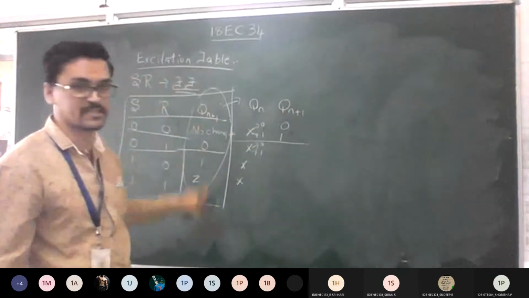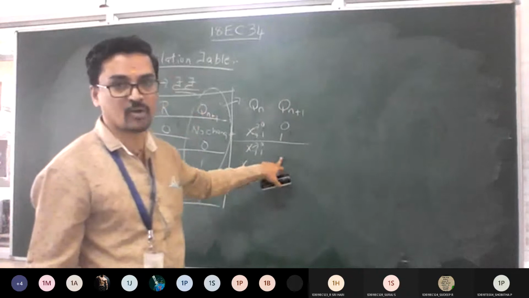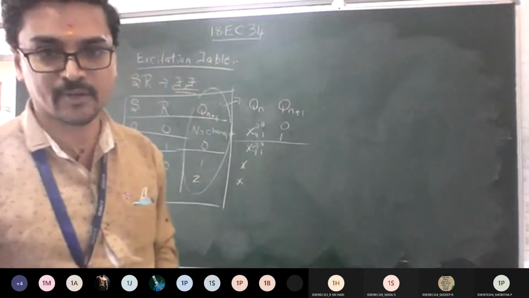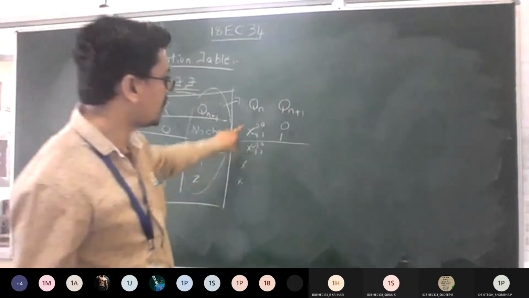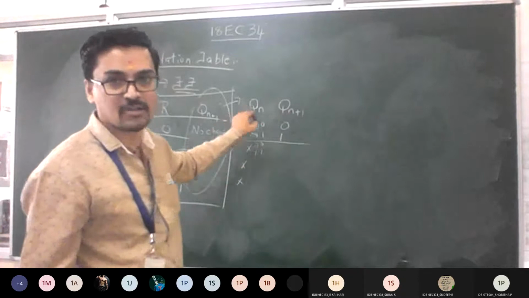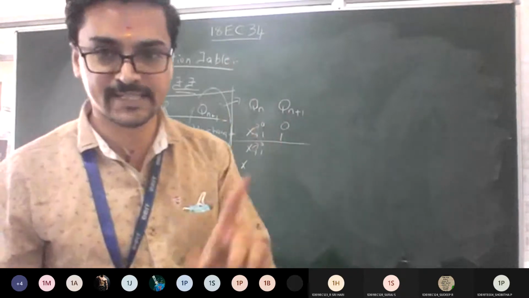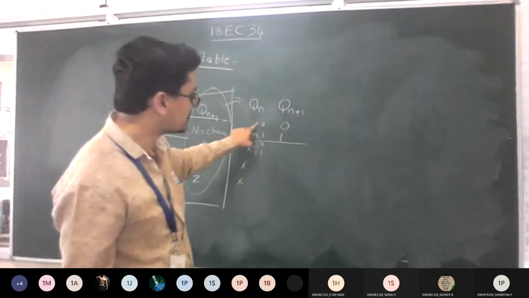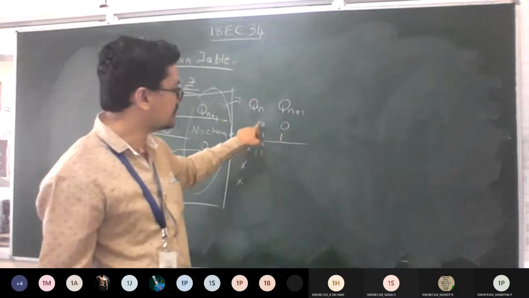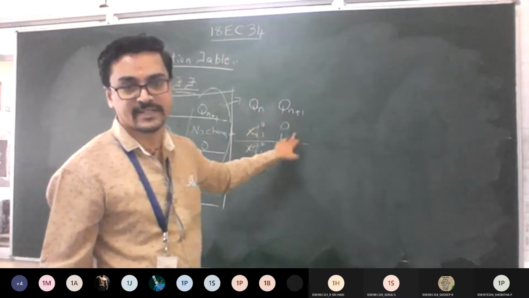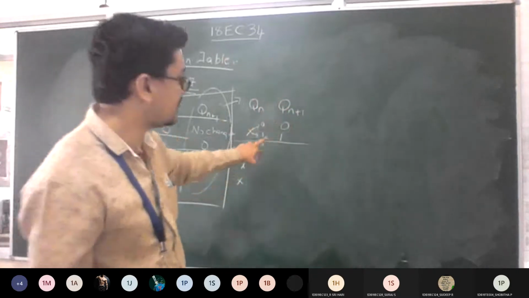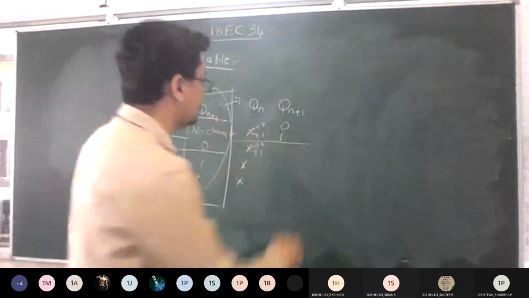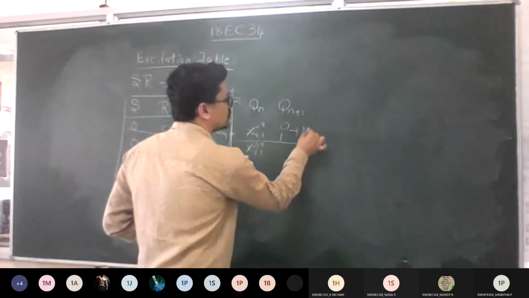Now we need to know how to compare your Qn to get Qn plus 1. You gave all the Qn as don't care condition, X, which means either 0 or 1. Whether you give 0 or 1, there is no change in the first condition. That's why we write it as no change.